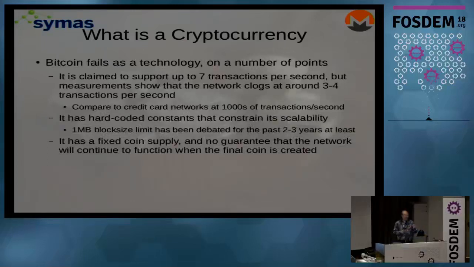The Bitcoin technology is based around a fixed coin supply. All right, there will only ever be 18 million coins ever created, and once the last coin is created, no more will get produced. Okay.